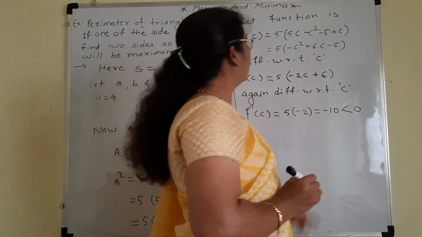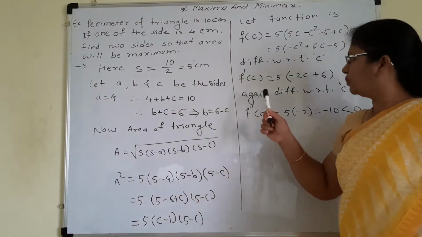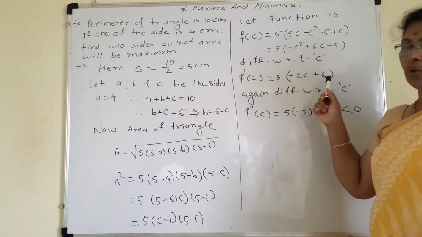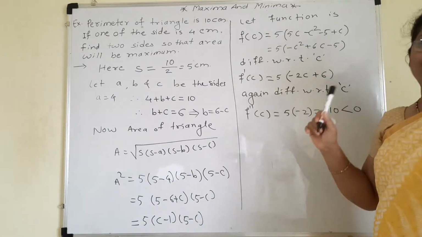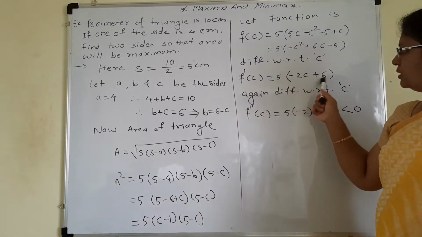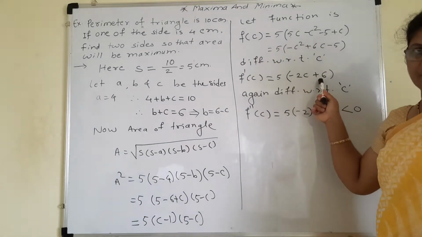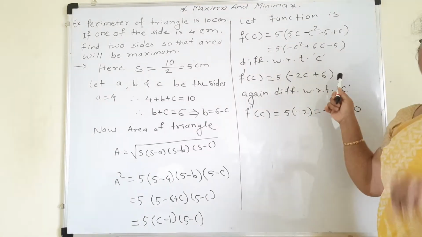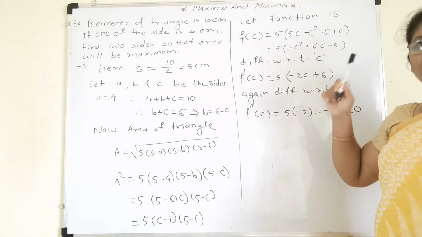So whatever value of c we get for f dash of c equal to 0, that value is nothing but maxima. Look at this, it is a linear polynomial, so there will be only one value for c, and that value will be maxima.